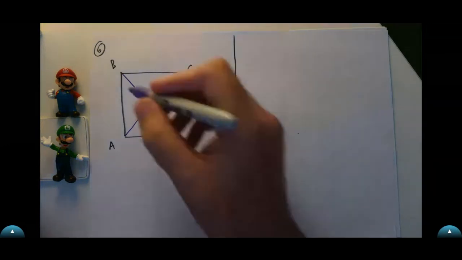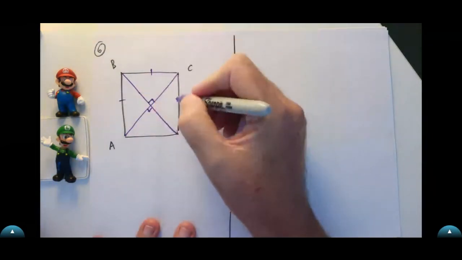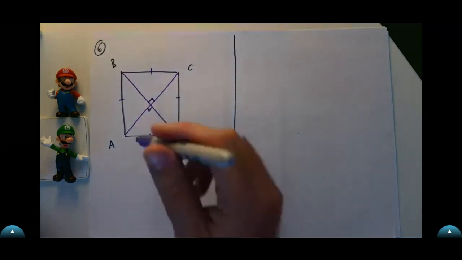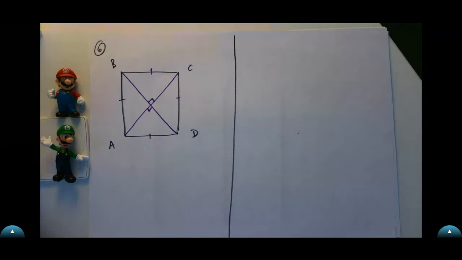Okay, and you know that these lines are all equal in length, and the internal angles are all 90 degrees.